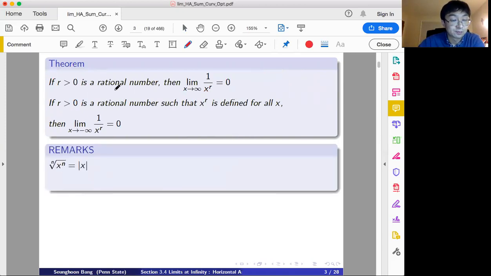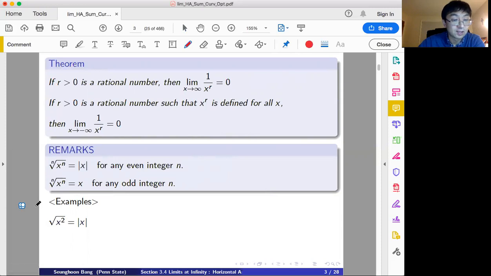The remarks. The nth root of x to the n is the absolute value of x for any even integer n. The nth root of x to the n equals exactly x for any odd integer n. Just an example: the square root of x squared is exactly the same as the absolute value of x because the index is 2, an even integer.